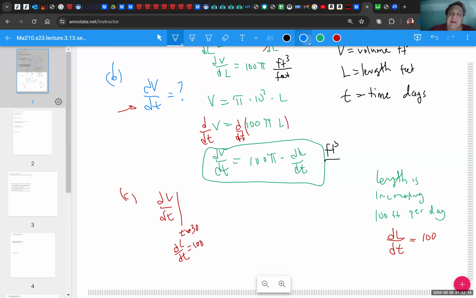Well, fortunately, we found dV/dt in the previous problem, so I'll just write it down from right here. It's 100 pi times dL/dt. So now I'm going to put in t equals 30 and dL/dt is equal to 100.